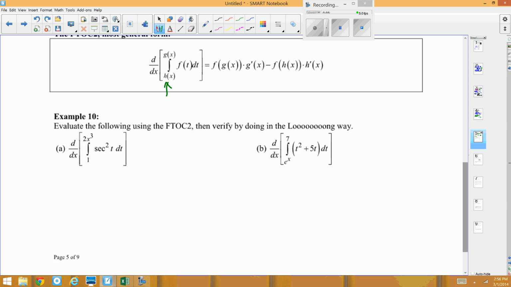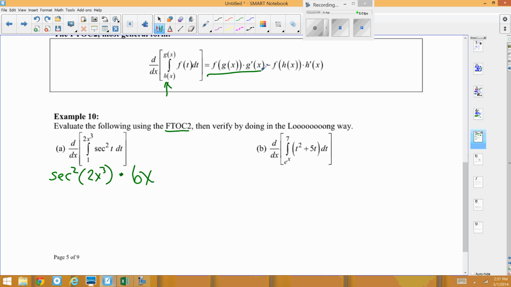So this is the fundamental theorem of calculus, part 2, and so we're going to evaluate it this way. What you do is you take your function, secant squared. Instead of writing t, though, we're going to put in 2x cubed, our top bound. But then you have to multiply it by the derivative of that top bound, which would be 6x. That's what this is saying.